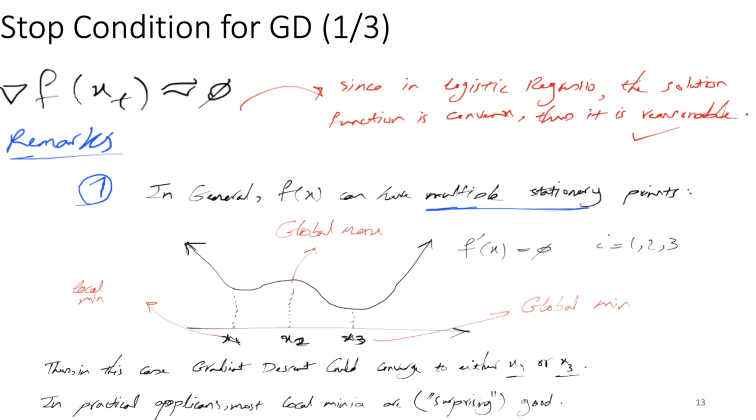So that was the first case. But as I mentioned, in logistic regression our convex function helps us reach our global minima without any problem because we don't face this type of higher polynomial order.